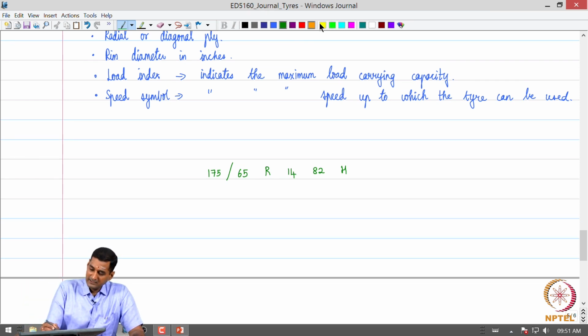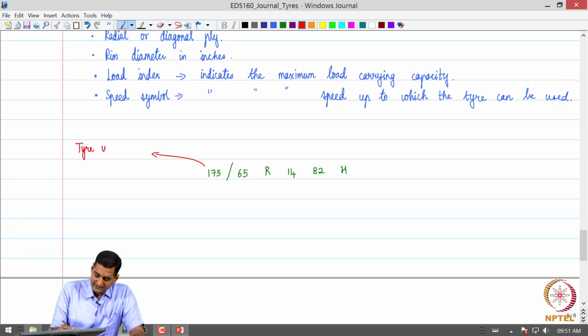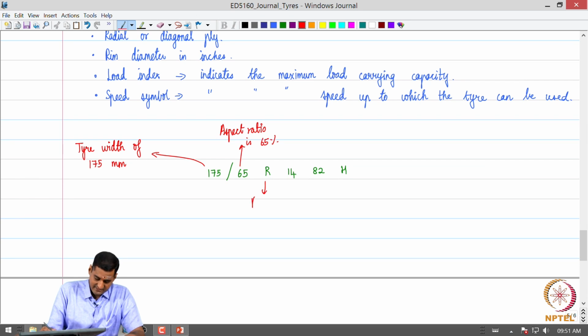This 175 number is an indicator of the tire width. So, this tire has a width of 175 mm. 65 means its aspect ratio is 65%. R indicates it is a radial tire.